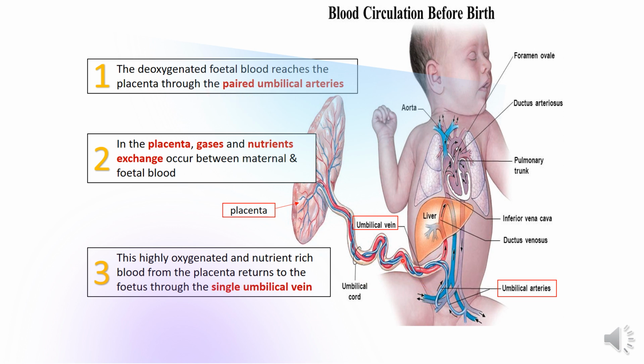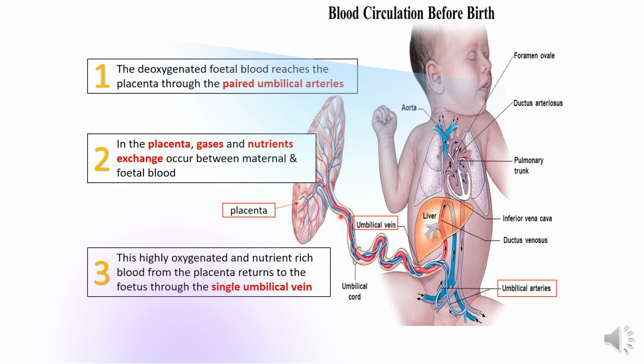So this is our umbilical cord. A single umbilical cord has 3 vessels in it. The red colored vessel is known as the umbilical vein, and the blue colored vessels are the umbilical arteries. These are the two vessels that carry deoxygenated blood from the fetus.